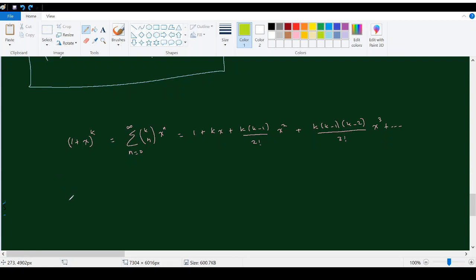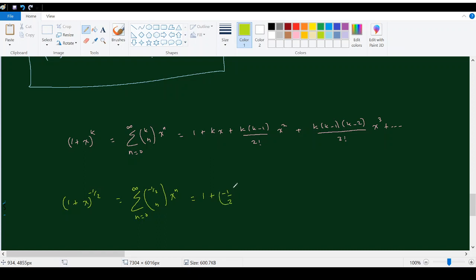We can have numbers like this, -1/2. So the coefficient will be like this, n x to the power n. So accordingly the terms in the series will change, right? So then what we have is (1 + x) to the power k, where k is -1/2.